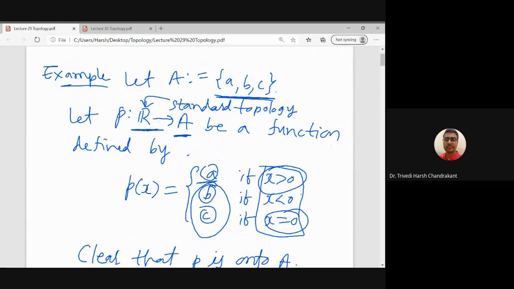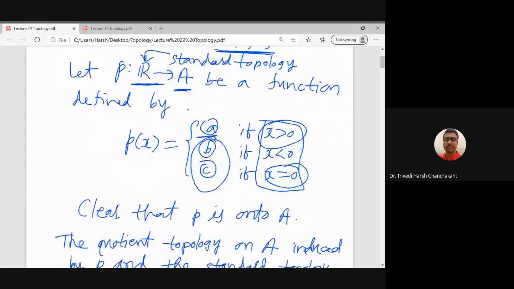Here A is a given 3-element set, and we consider a function P from R to A, and on the domain R we define the standard topology.